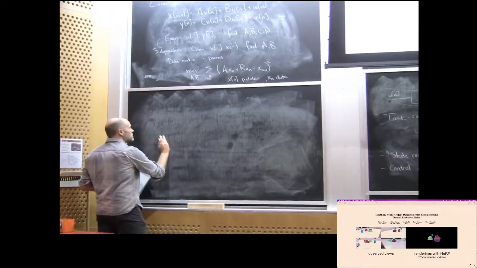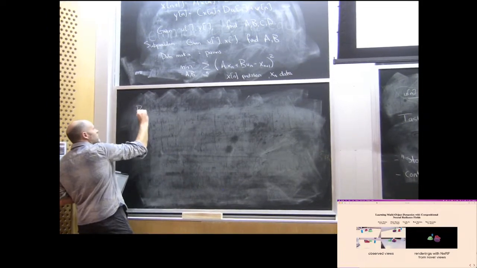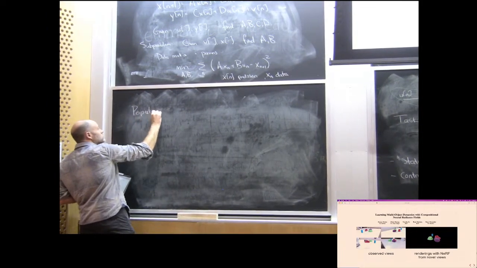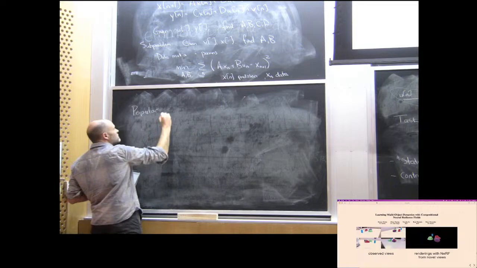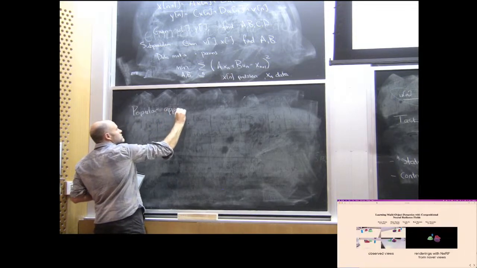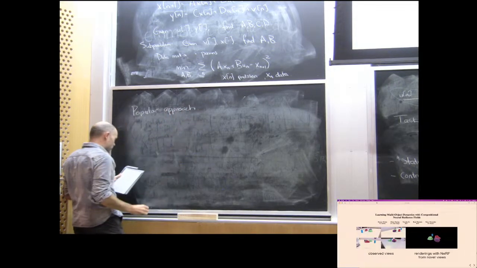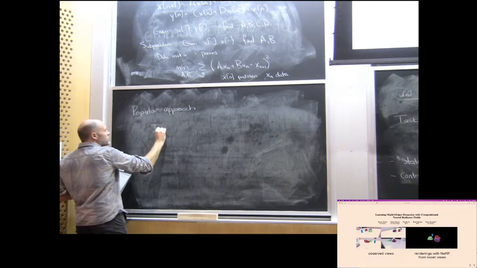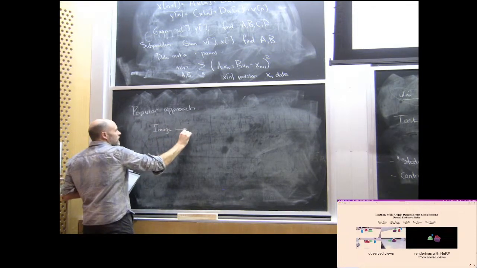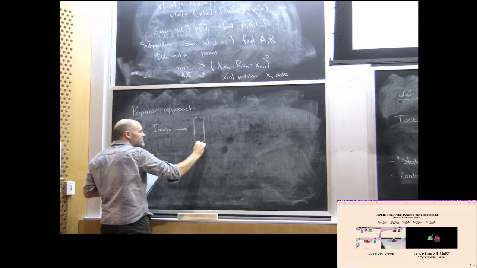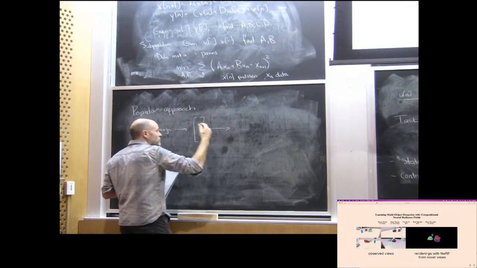So let's say a very popular approach in visual dynamic learning here is to say, I'm going to take an image in, I'm going to define my state X with an autoencoder kind of framework.